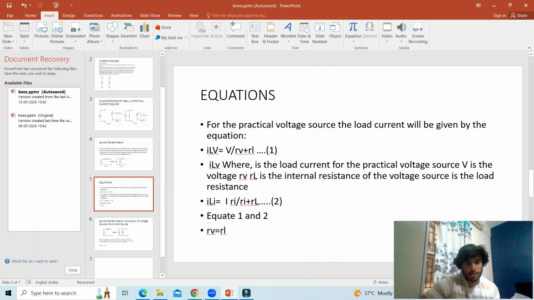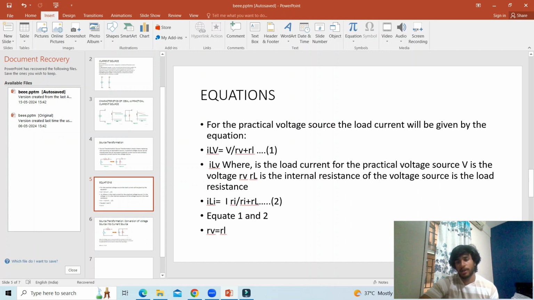In the second equation, for a practical current source, ILI is the load current, I is the source current, RI is the internal resistance of the practical current source, and RL is the load resistance connected in parallel with the current source.